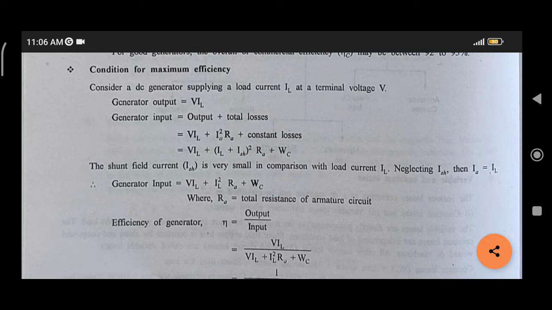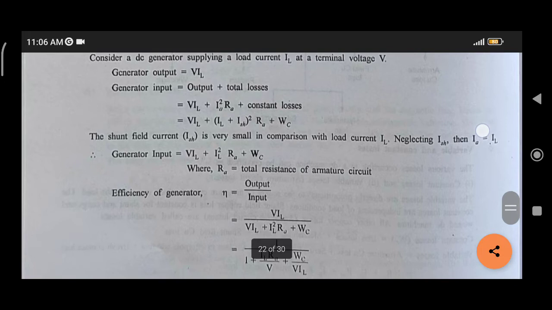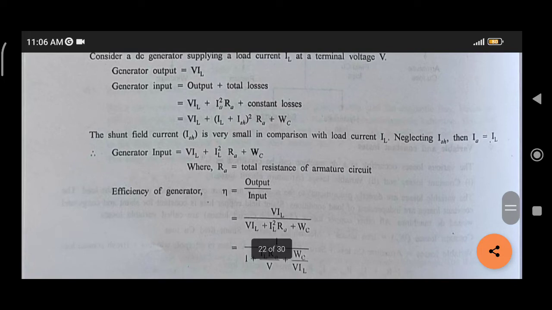If we put this output in the input equation, we get V into IL plus Ia square Ra plus constant losses. We also know that the armature current has two parts, load current and shunt current, if we have a shunt type generator. The shunt field current Is is very small compared to IL, so we can neglect it.